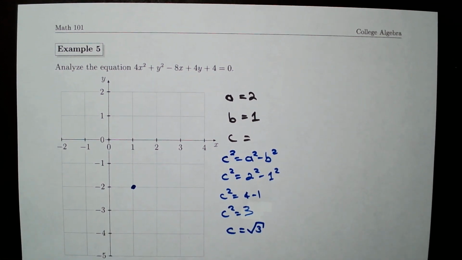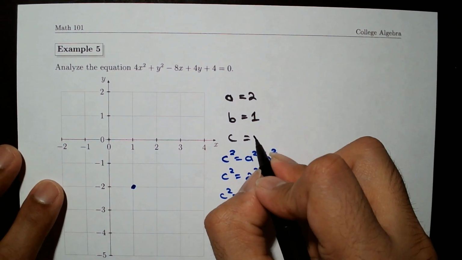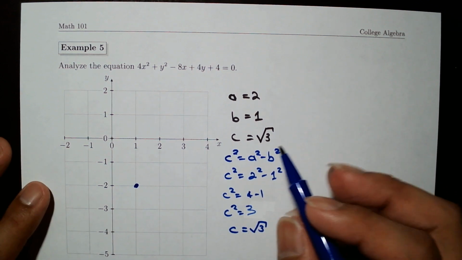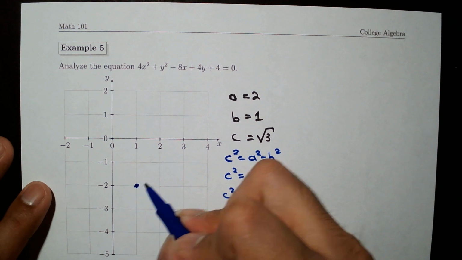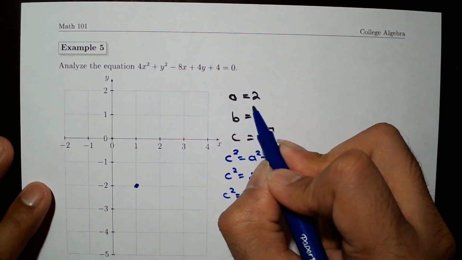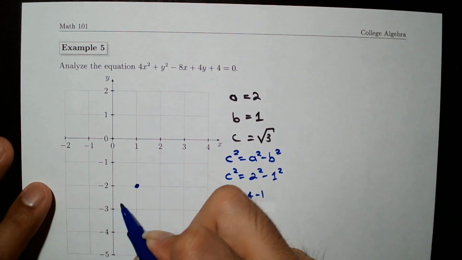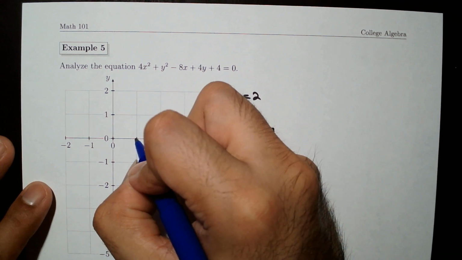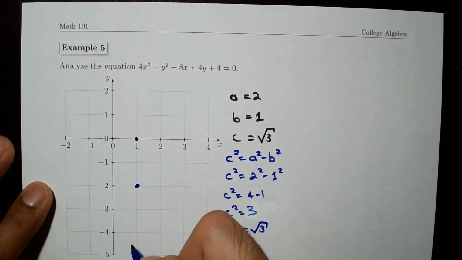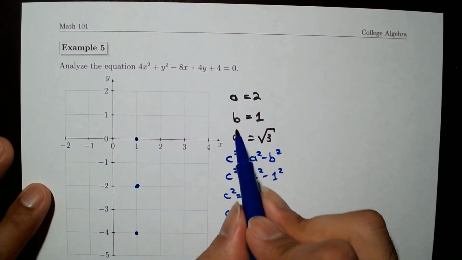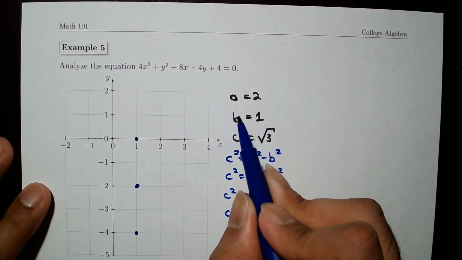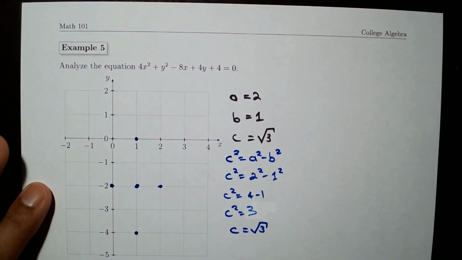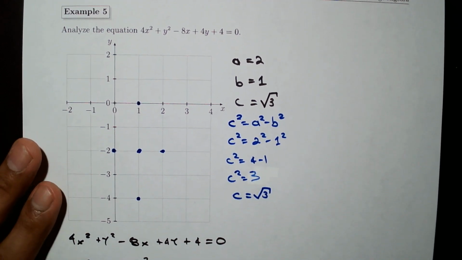And then let's see. From here, the vertices are going to be located 2 units away from the center in the vertical direction. One is going to be here. The other one is going to be there. The endpoints of the minor axis, that is the co-vertices, well, yes, I think we're going to be able to state the co-vertices because they are going to be nice looking ordered pairs.